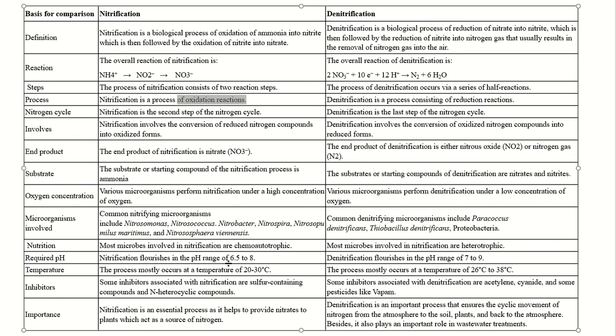You have to remember it requires 6.5 to 8, whereas denitrification flourishes in the pH range of 7 to 9. Okay? You will not find this basis of comparison in any litho, in previous lithos, or in any books.